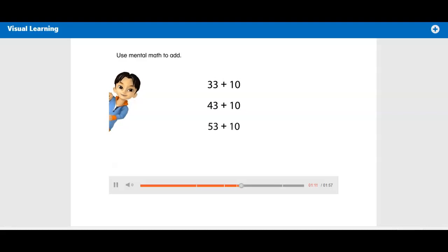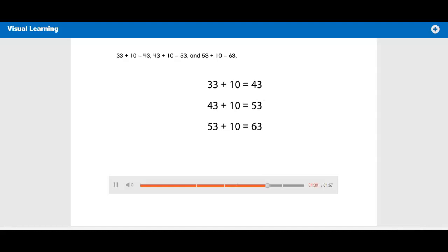Use mental math to add. Think about the numbers in the tens digits and the ones digits. 33 plus 10 equals 43. 43 plus 10 equals 53. And 53 plus 10 equals 63. As the first addends increase by 10 each time, how do the sums change?